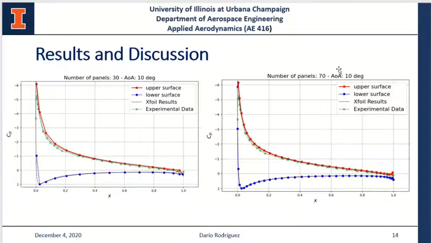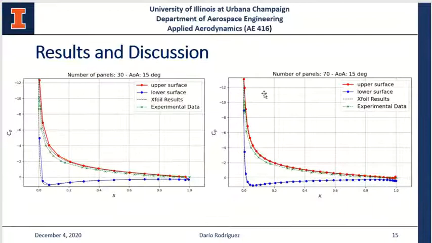And if we increase the number of panels, it is also interesting that the behavior right here, where the suction peak occurs, is better modeled. So in this case, increasing the number of panels is beneficial, and the calculated data resembles the experimental data better.